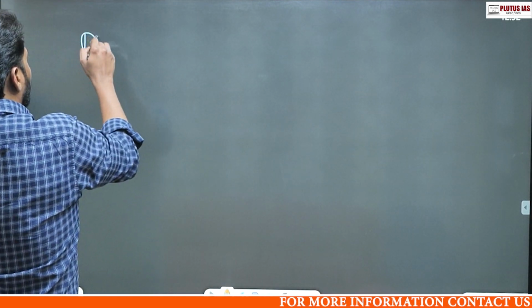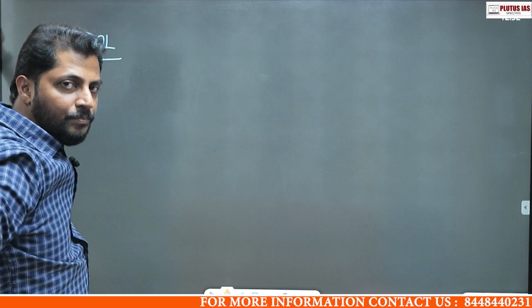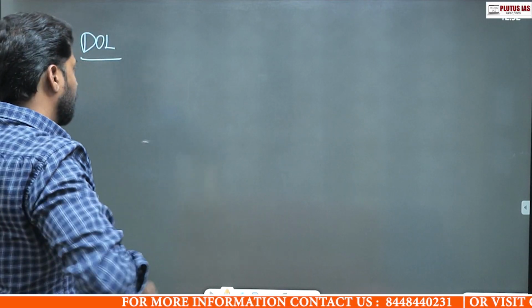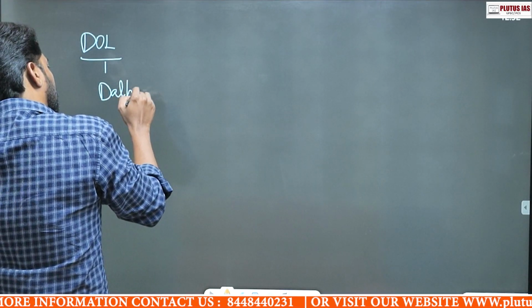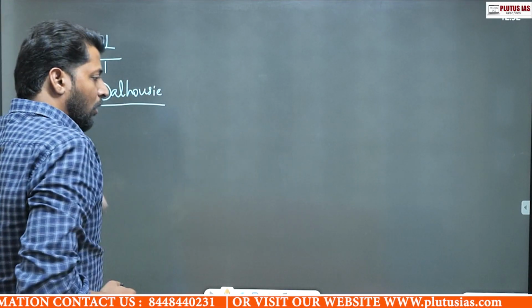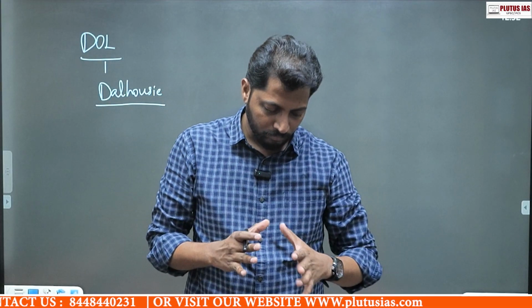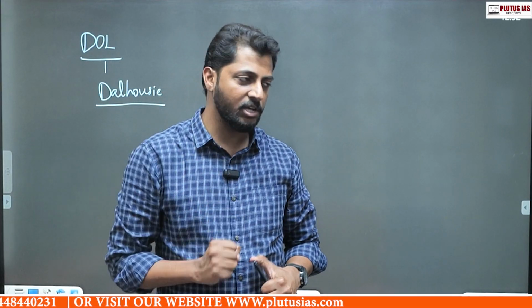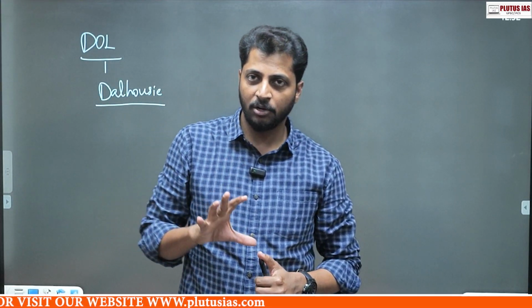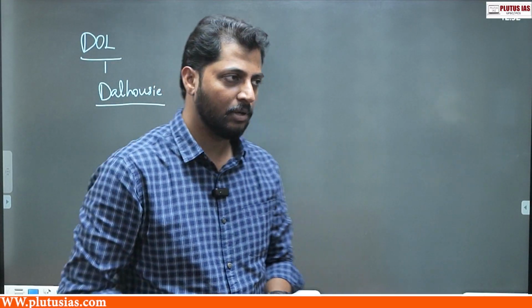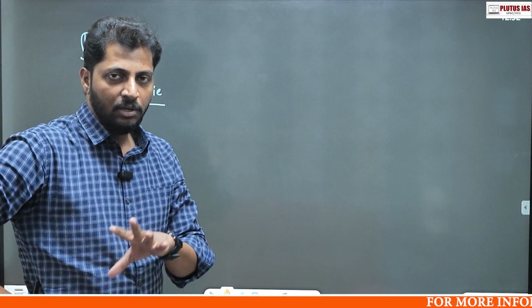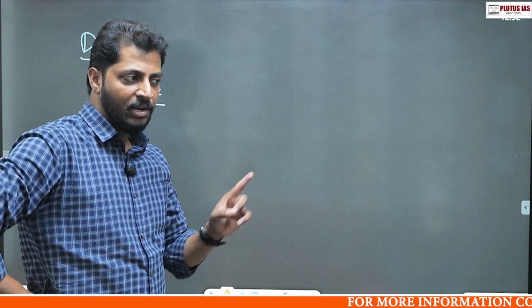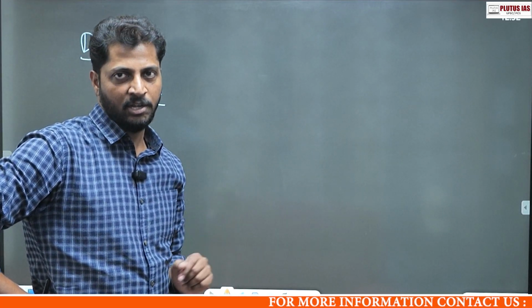Coming to the other one, that is the doctrine of lapse. What is this doctrine of lapse? It is another policy that was introduced by Dalhousie. This policy says that if any native Indian ruler dies without a natural heir, then such a state cannot be inherited by an adopted son.